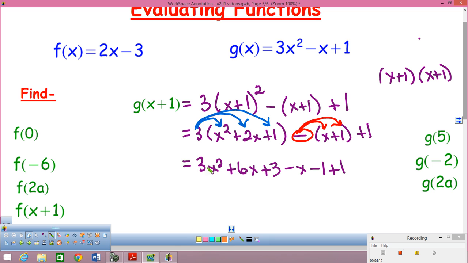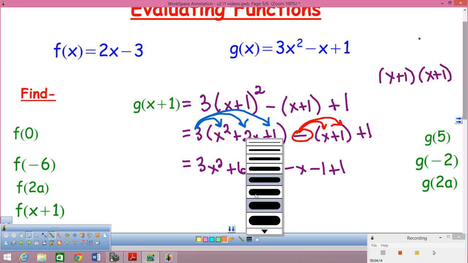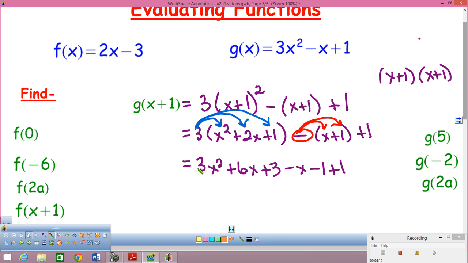Okay, I have 3x squared. There is nothing else like it, so it stays alone. I have an x term right here, and I have an x term right here, so I'm going to be combining those. And then I have 3 is a regular number, minus 1 plus 1. I bet you can figure out what's going to happen to those.